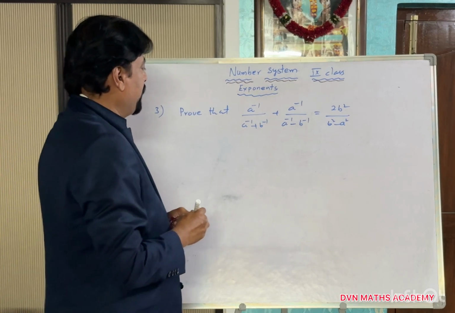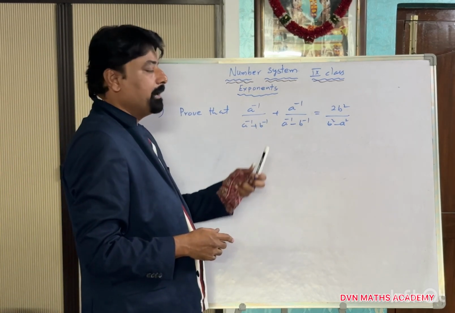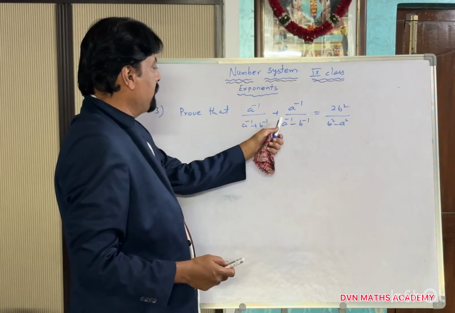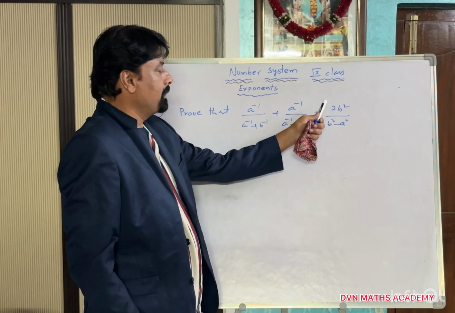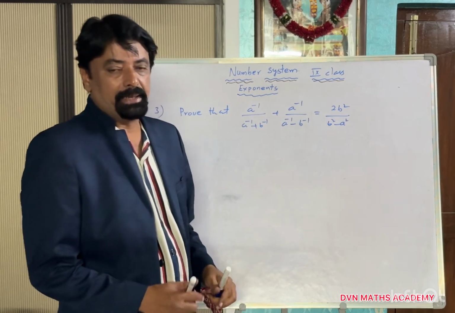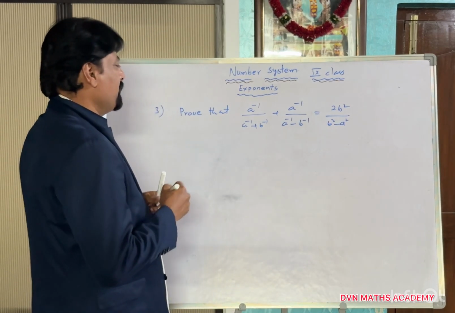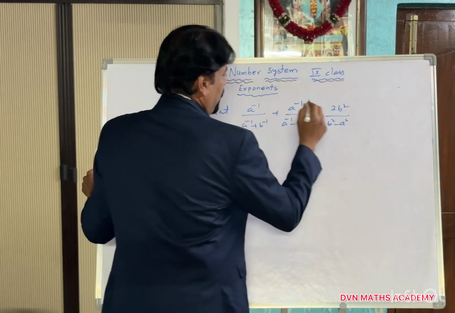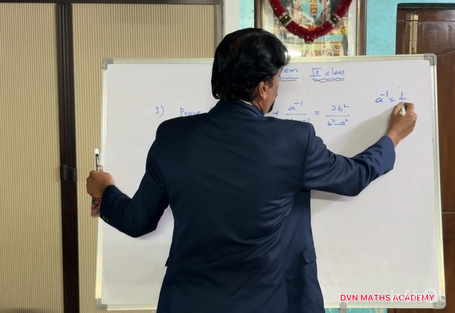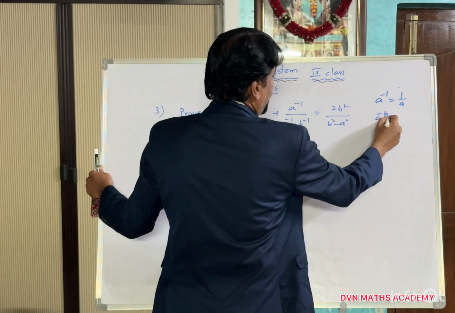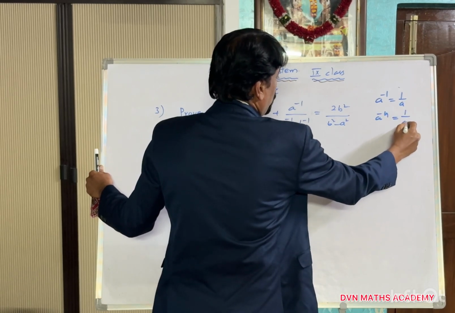Here a to the power of minus 1 by a to the power of minus 1 plus b to the power of minus 1 plus a to the power of minus 1 by a to the power of minus 1 minus b to the power of minus 1 is equal to 2b square by b square minus a square. So here also, we are applying one condition, that is a to the power of minus m is equal to 1 by a to the power of m.